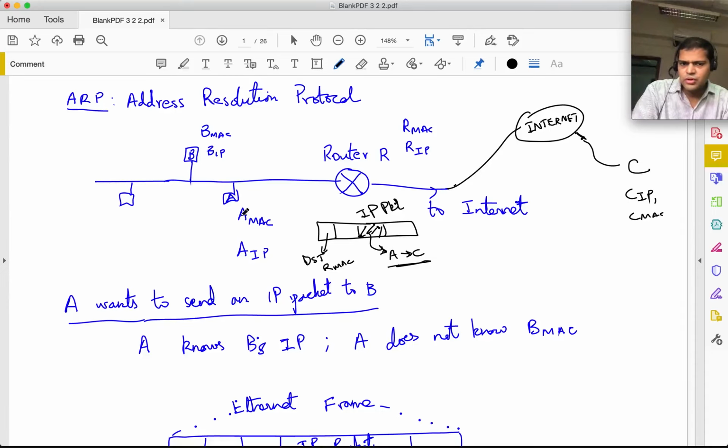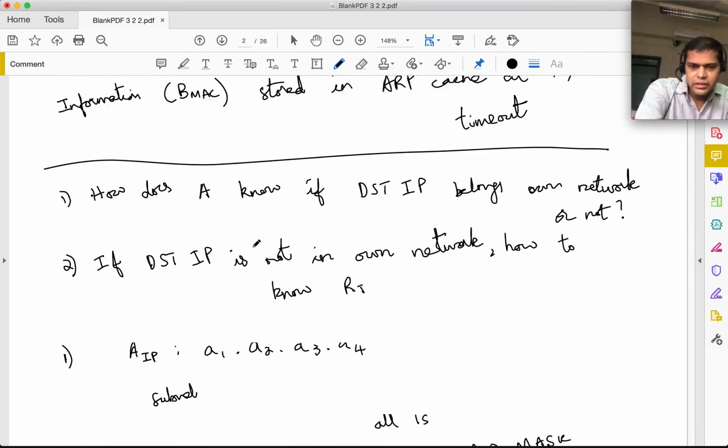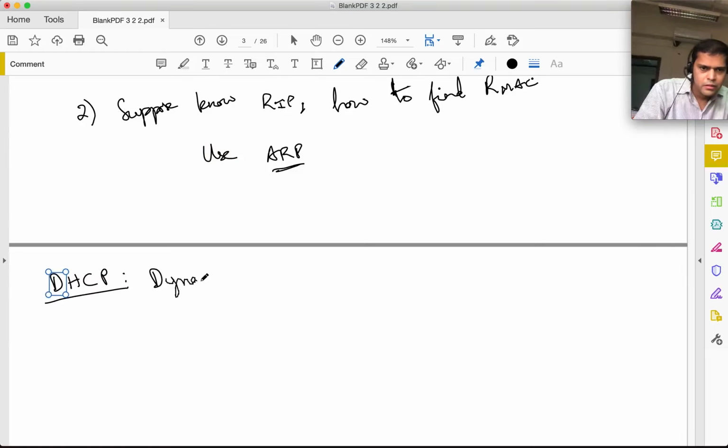So we would like to automate this whole configuration process, and that is usually done by a protocol called DHCP, the Dynamic Host Configuration Protocol.